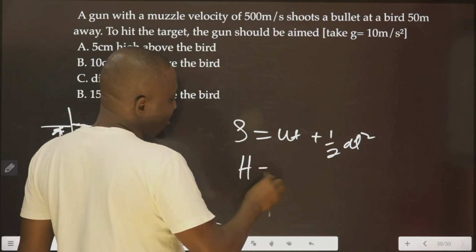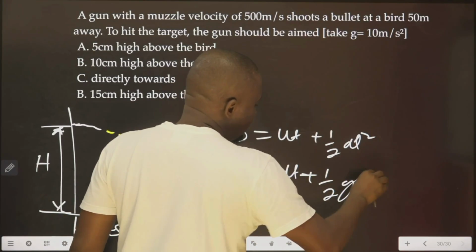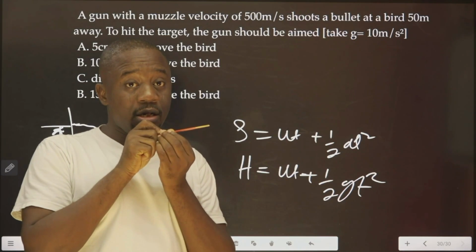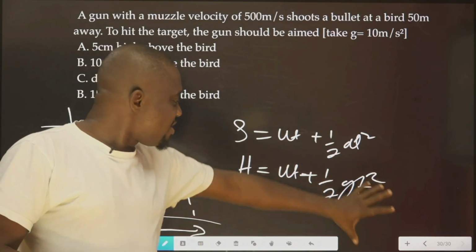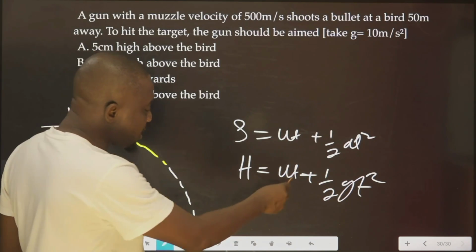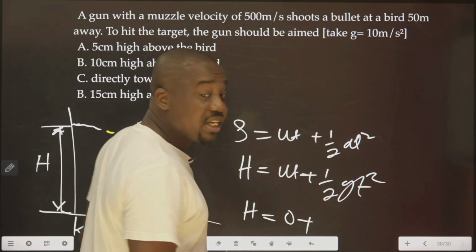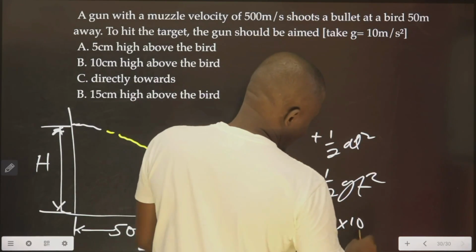Which you can now write as this for vertical, h equals ut plus 1 over 2 gt squared. Because it's horizontal, everything here is now vertical. So this becomes what? 0, because the initial velocity is 0. Then 1 over 2 times 10, because we are given 10 here, times t.